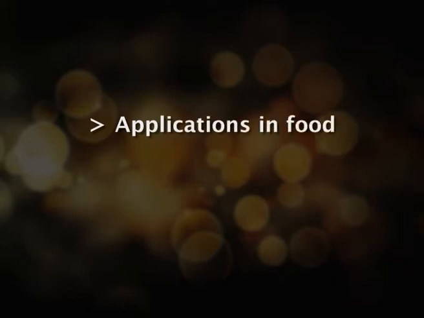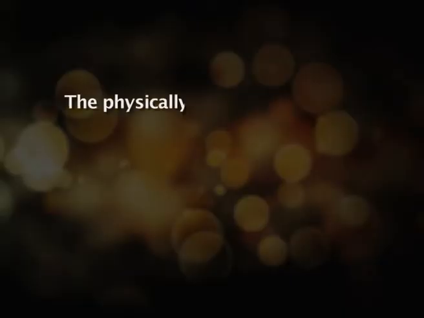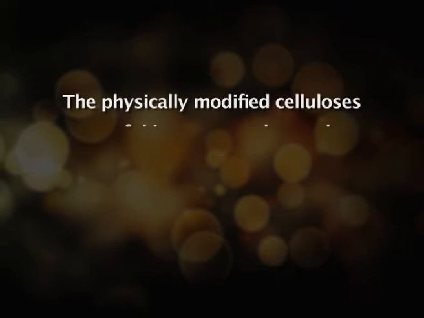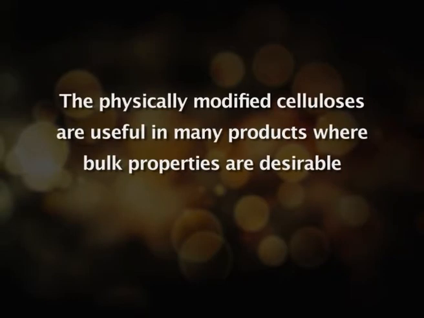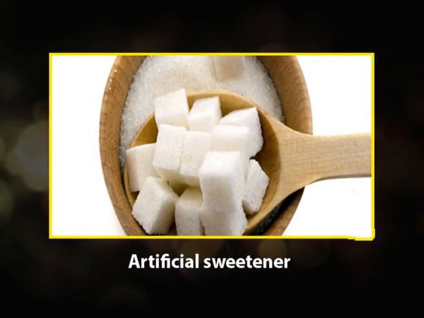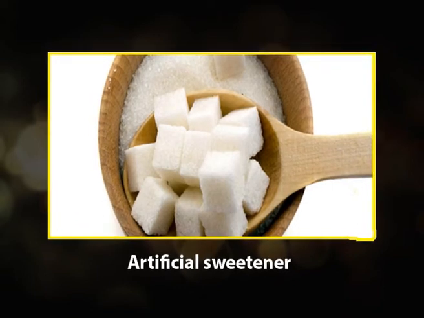Applications in foods. Cellulose and its physical and chemical derivatives have long been used in fabricating formulated foods. The physically modified celluloses are useful in many products where bulk properties are desirable. This would include reduced or low calorie foods, flavor oil imbibers, or flowable products such as artificial sweeteners and flavor packets.